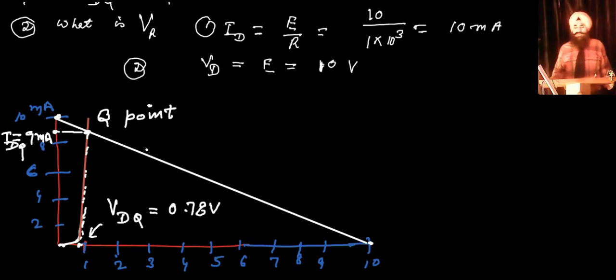Now what do we find? What is the voltage across the resistor R? It is equal to IR times the resistor, or you can say ID into R, at the IDQ point.